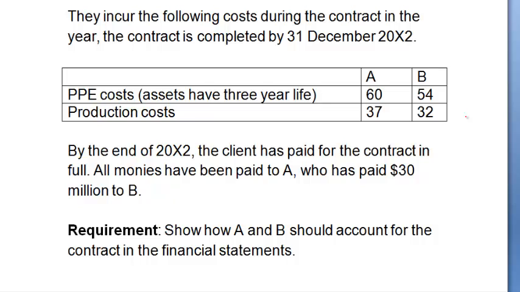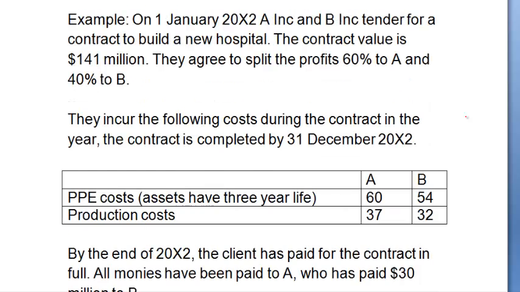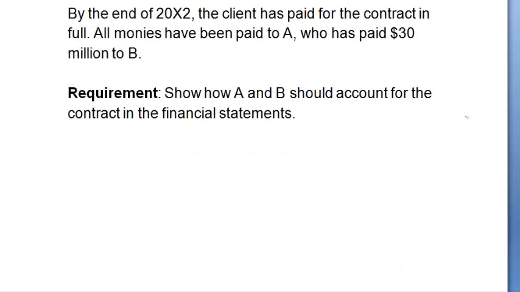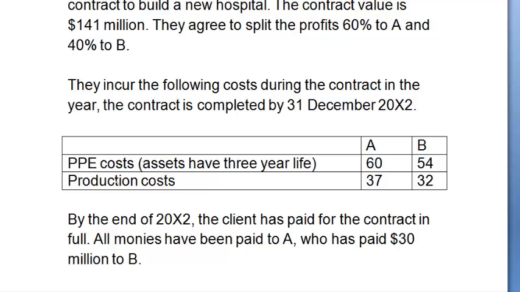The client has paid the money to A, and A has paid 30 million to B. So what we would do here is we would say, well, we've got A, B, and a total. Revenue. Costs. What are the costs going to be?